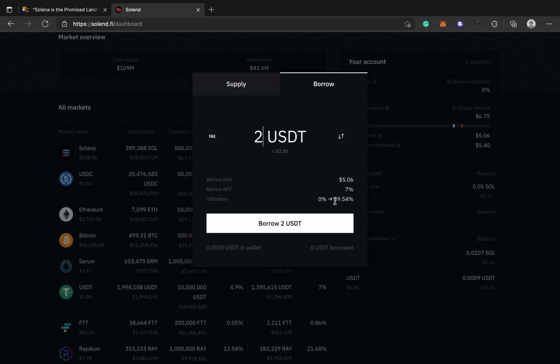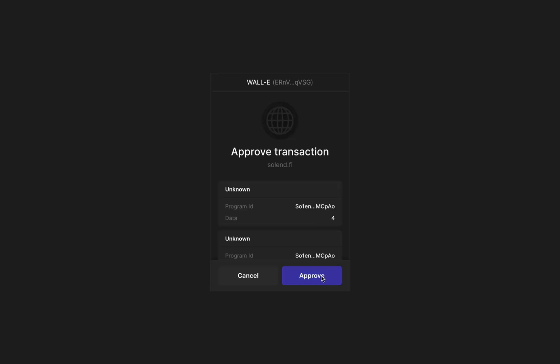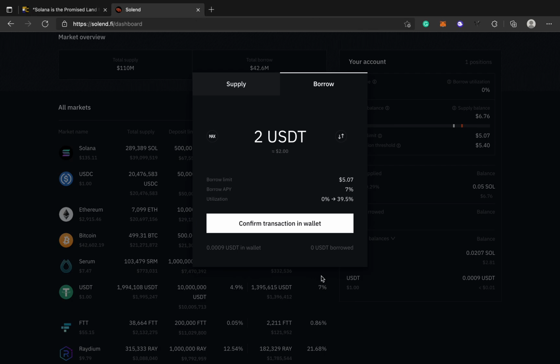That means I'm utilizing 39% of my loan. Still very far from liquidation, or very far from my loan to value ratio. I could borrow a maximum of 5.06, but let's just say I want to borrow $2, and then do that borrow and confirm transaction in wallet, approve, and I am all good.